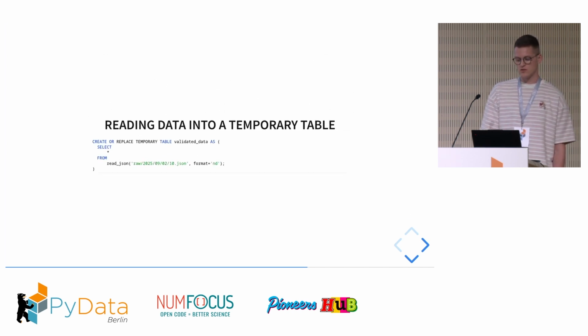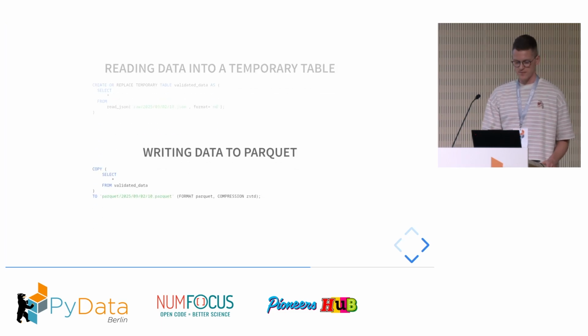For this, we need to read the JSON data into a temporary table, for example, and reading JSON data is pretty much as simple as calling read.json in the from part of the statement. The format specifier here says it's newline delimited, so we have one valid line of JSON per line, and not the entire file as JSON.